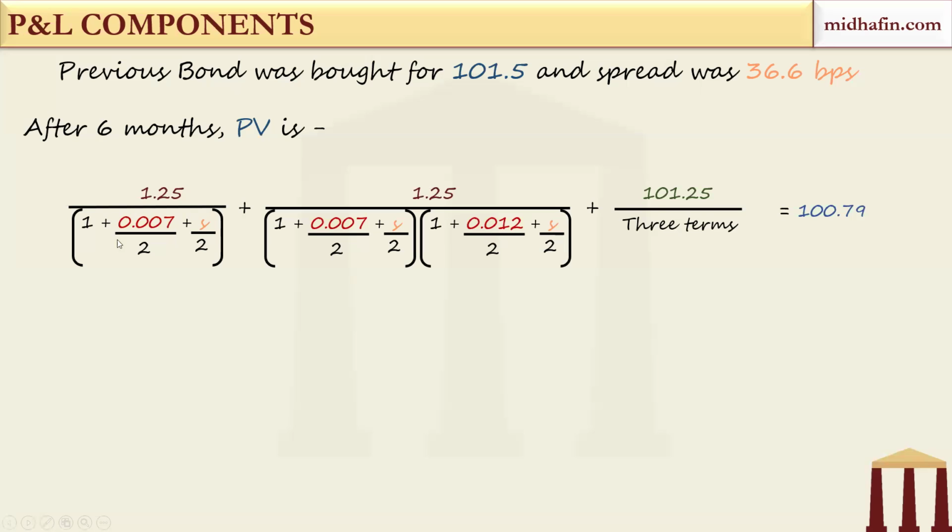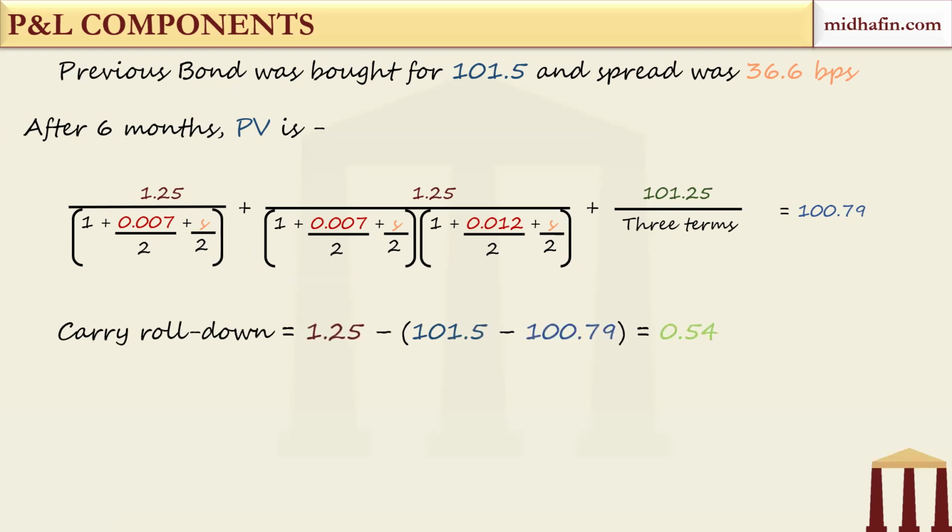When the forward rates remain unchanged, I find the PV to be $100.79 after 6 months, along with the spread, where spread is not changing. Now this should be the price of the bond when the interest rates are not changing. You need to understand, this is the price of the bond when the interest rates are not changing.